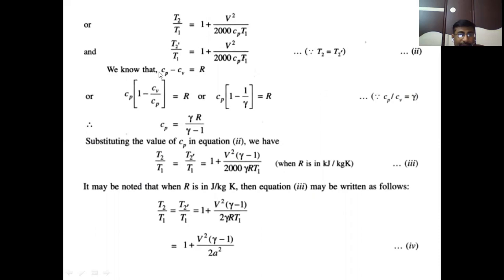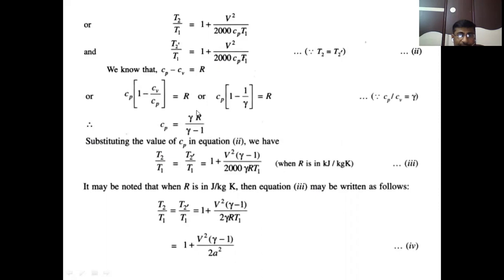T2 dash by T1 equal to 1 plus V square by 2000 Cp T1. We know that Cp minus Cv equal to R. Taking Cp as common, Cp into 1 minus Cv by Cp equal to R, or Cp into 1 minus 1 by gamma is equal to R. Cv by Cp is 1 by gamma, where Cp by Cv is called gamma. So from this, Cp equal to R into gamma by gamma minus 1.